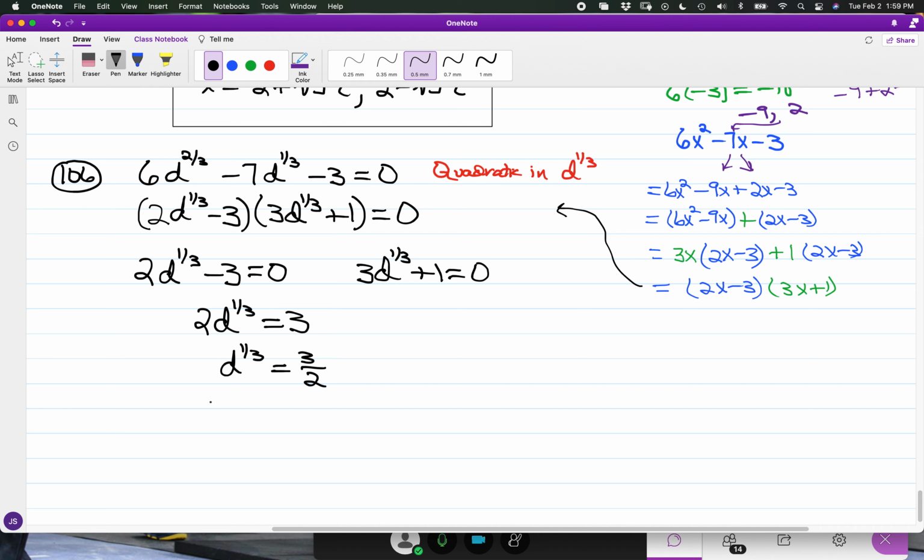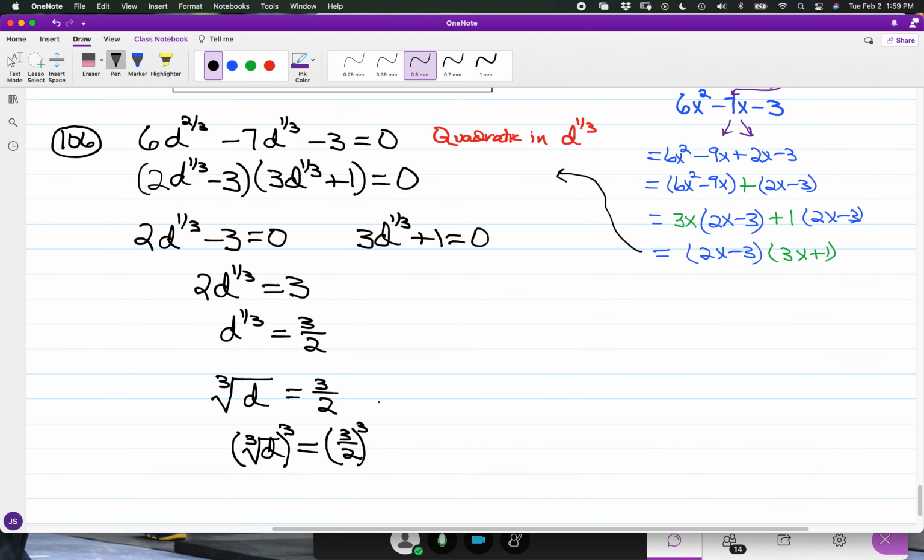Going from non-integer exponent to radical, we have the cubic root of d is equal to 3/2, and undoing the cubic root and thus freeing up d, I can take the cube of both sides. So the cubic root of d cubed becomes d, and 3/2 cubed is 3 times 3 times 3 all over 2 times 2 times 2. So in this case, d is going to be 27/8.